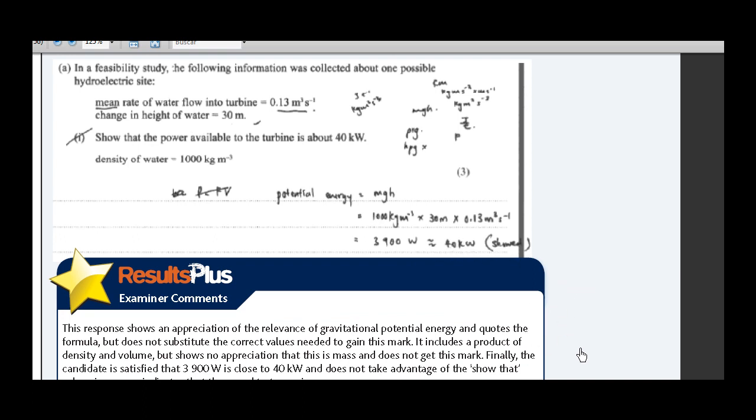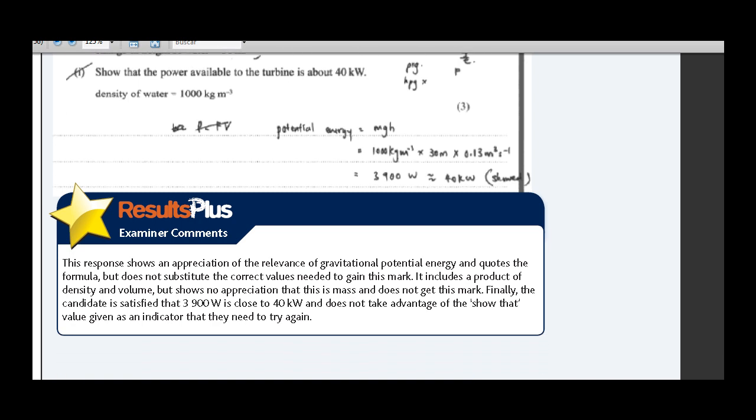Let's see what the examiner says. The response shows an appreciation of the relevance of gravitational potential energy and quotes the formula, but does not substitute the correct values needed to gain this mark.